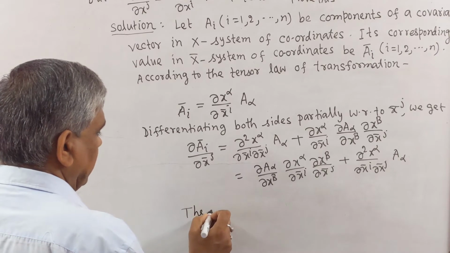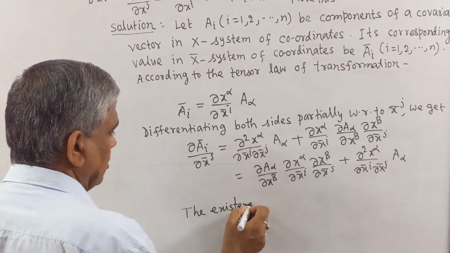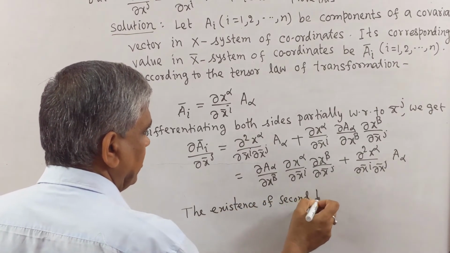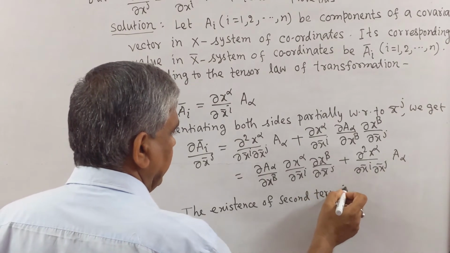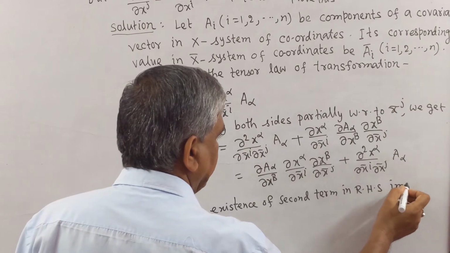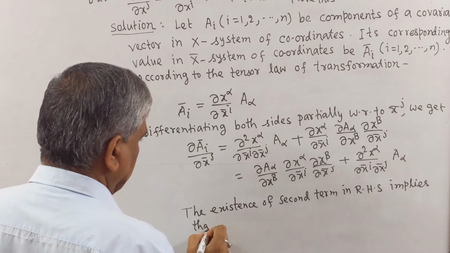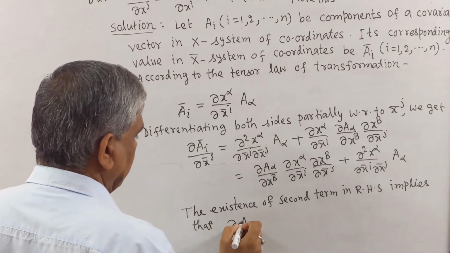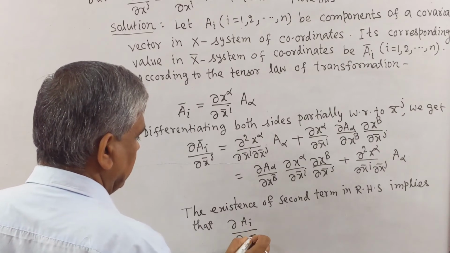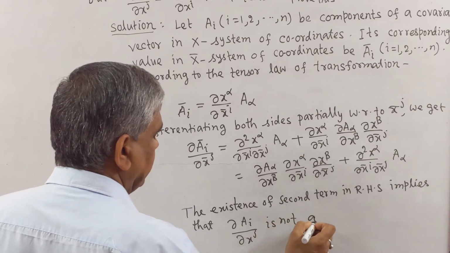the existence of the second term in the right side implies that ∂a_i/∂x_j is not a tensor.